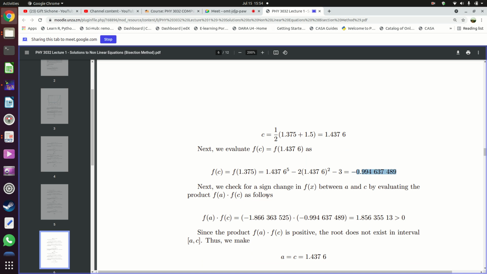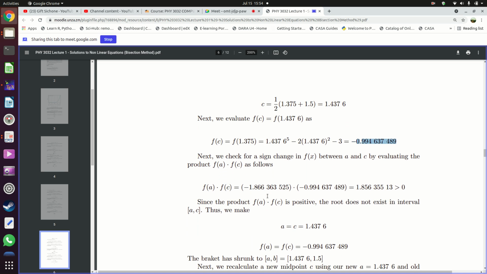So we check if there is a solution to this function between A and C by working out this product f of A times f of c. So f of A times f of c, that's going to be minus 1.86636 times minus 0.99468 and so on.